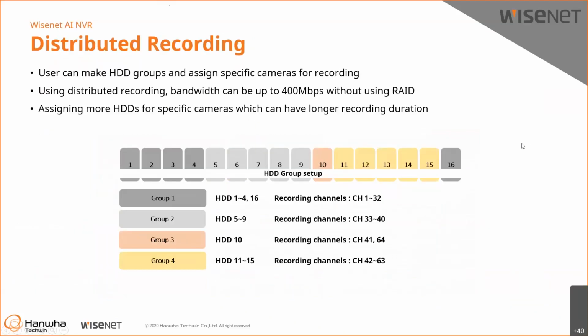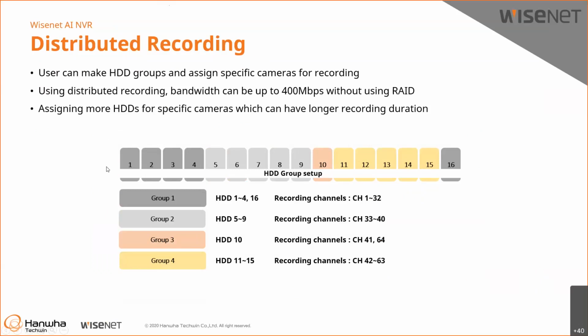And this is also a new feature for the new MVR. The new MVR will support distributed recording. The reason we put in this function is to maximize the performance of the recording bandwidth. The concept of this function is to make a group of hard disks and assign specific cameras for recording.